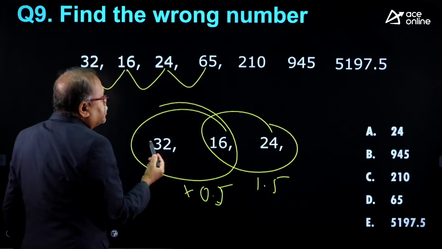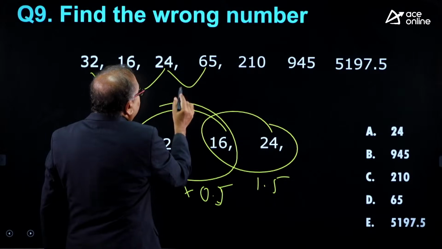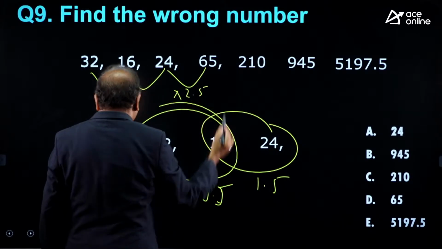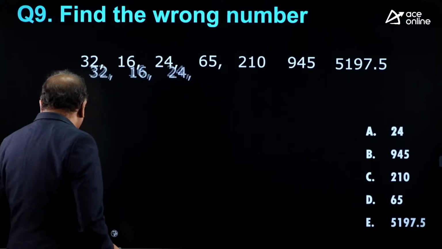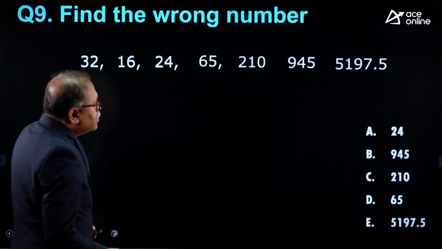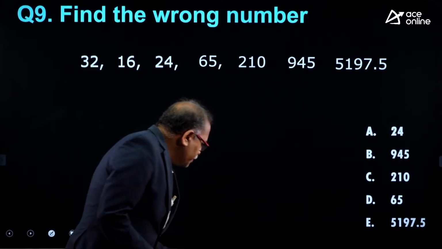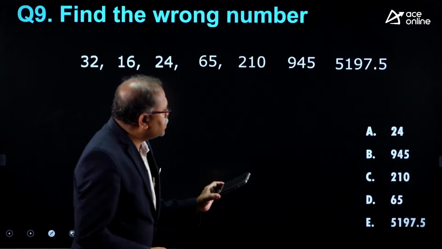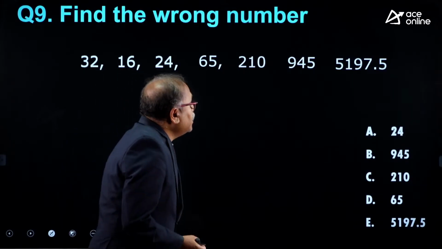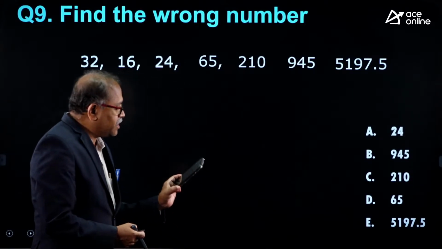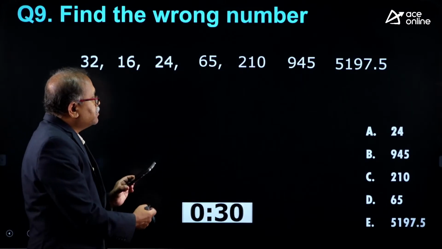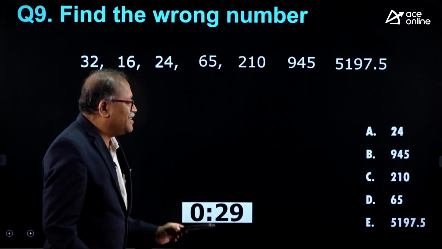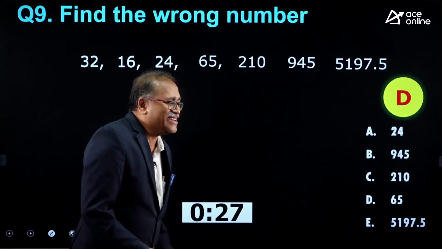What should the next one be? Is it 2.5? If I go for into 2.5, let me clear this part. But before that, you answer the question: is it option D, 65? Let me check the answer. If right, Prashanti is the first lady to answer the question, and option D. Well done.